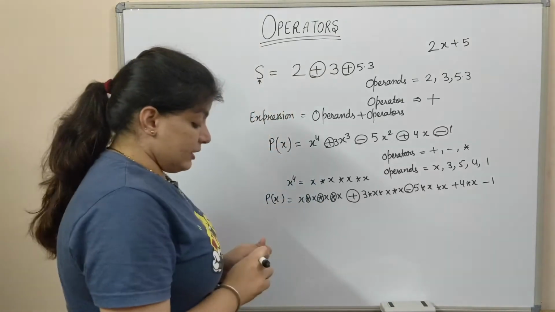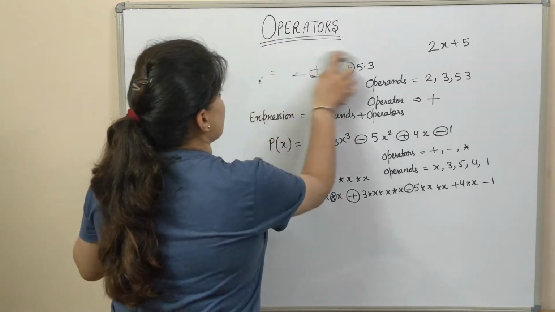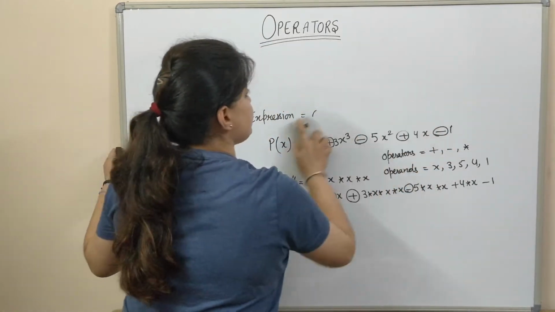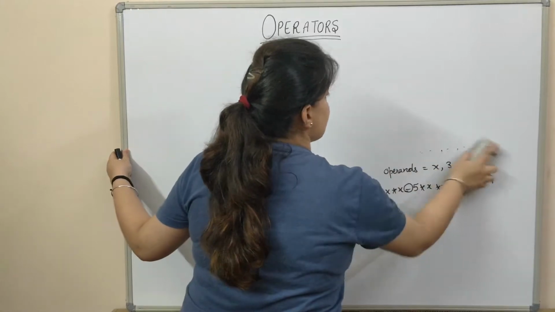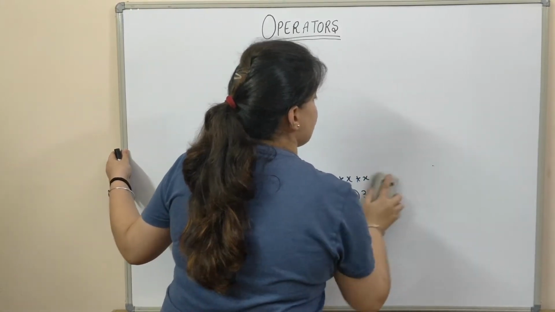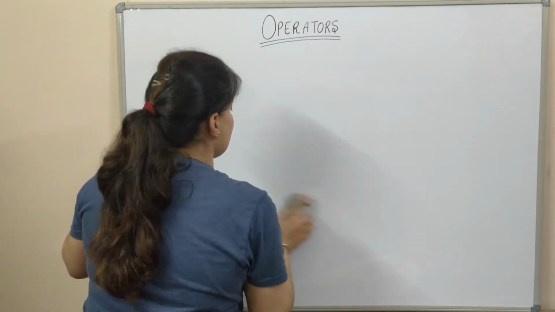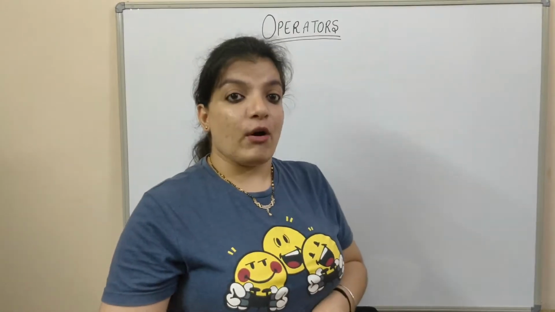Now, what do you mean by operator? In this video, you will learn about the meaning of operator and the types of arithmetical, logical and relational operators available in C, Java and Python programming languages. First of all, what is the meaning of operator?